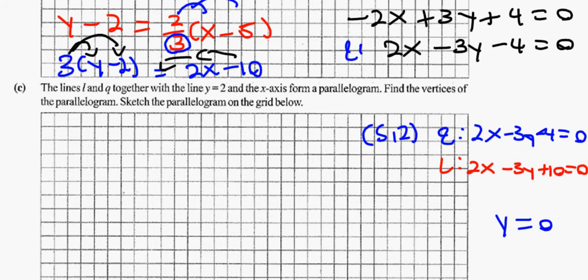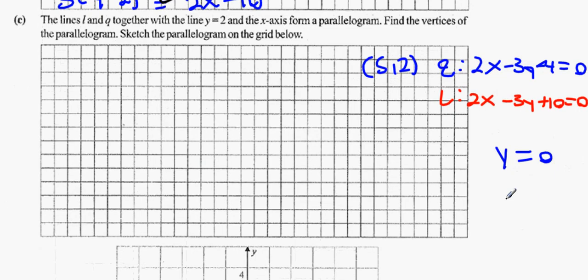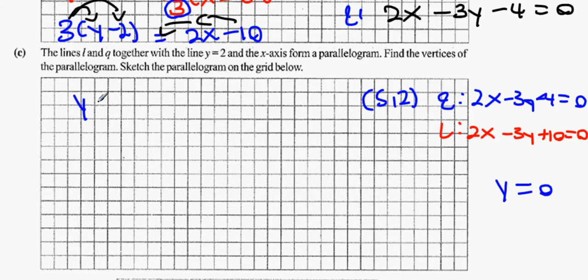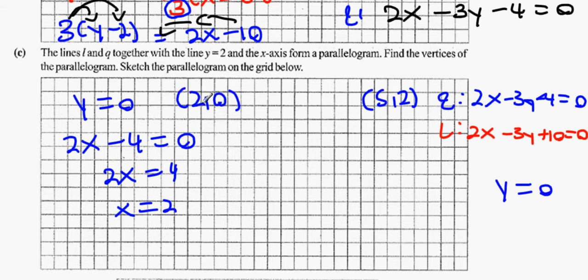When y equals 0, we get 2x minus 4 equals 0, 2x equals 4, x equals 2. So we know that the point (2, 0) is also on this line. So it goes from (2, 0) to (5, 2).